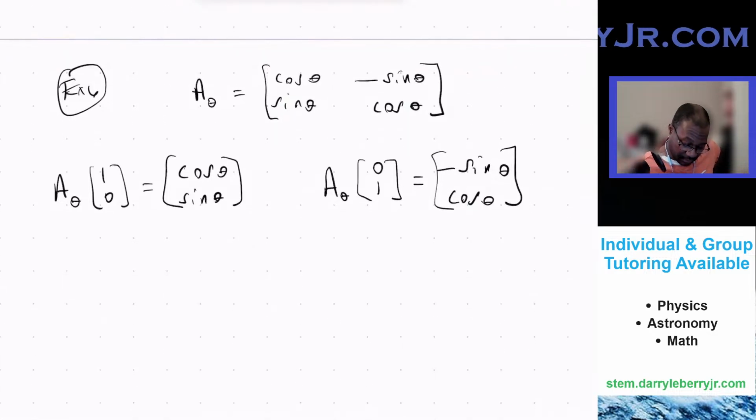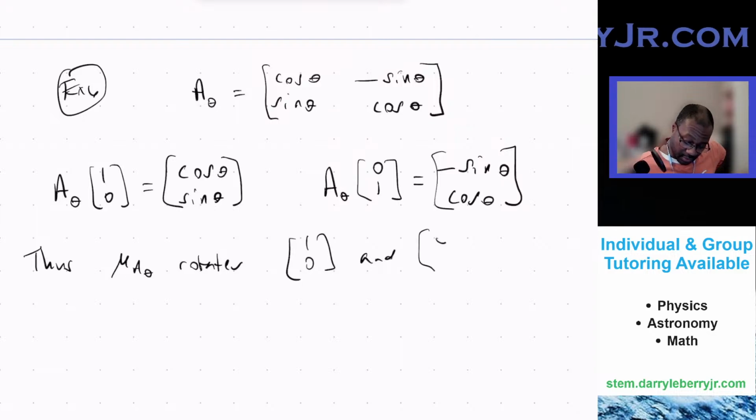Thus, the function mu A theta rotates (1, 0) and (0, 1) through theta.